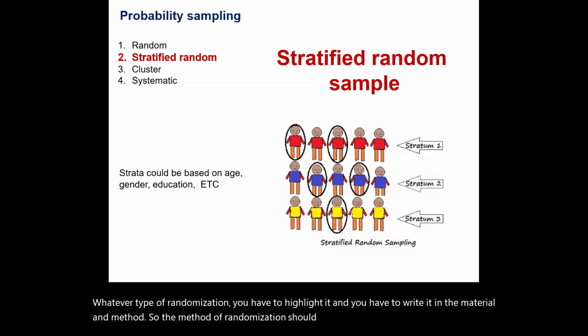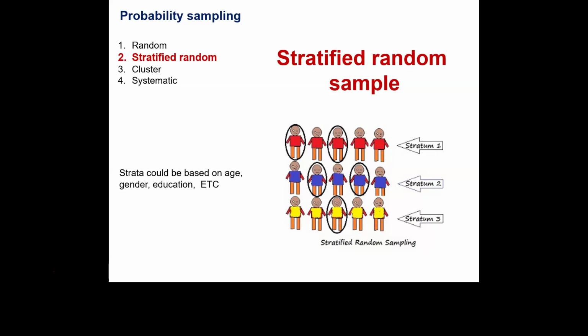The second type of the probability sample is a stratified random sample. Stratified random sample is that you are classifying the participant in general, or the target group or the sample group, into strata. Strata based on whatever, based on age, based on the ranking, based on education.